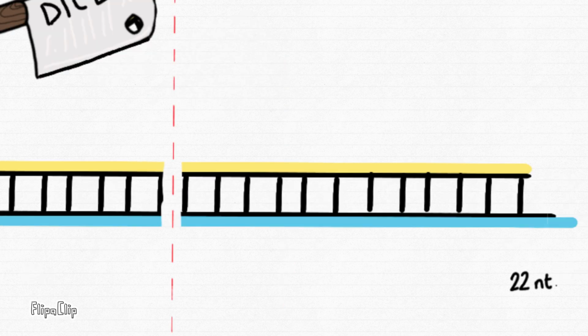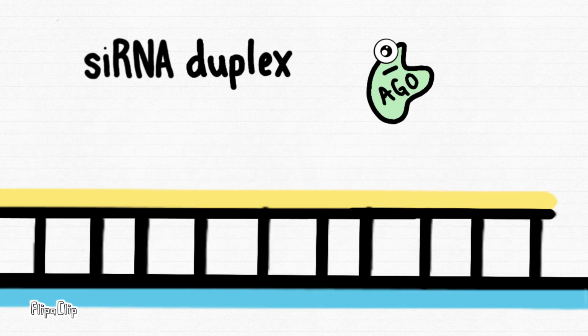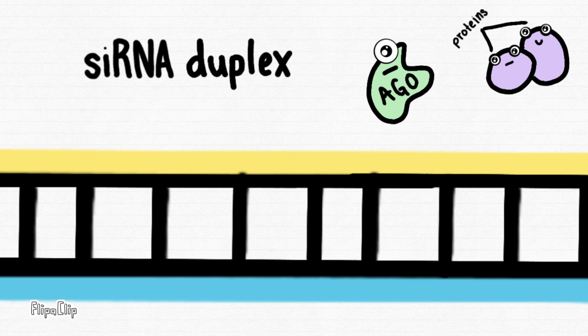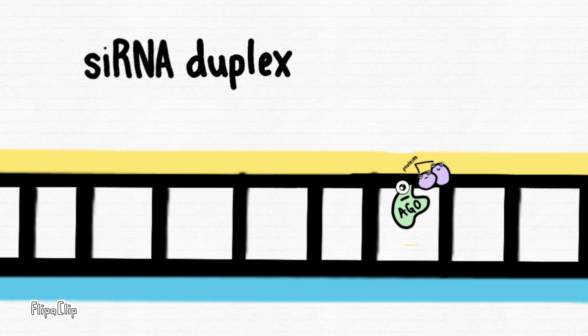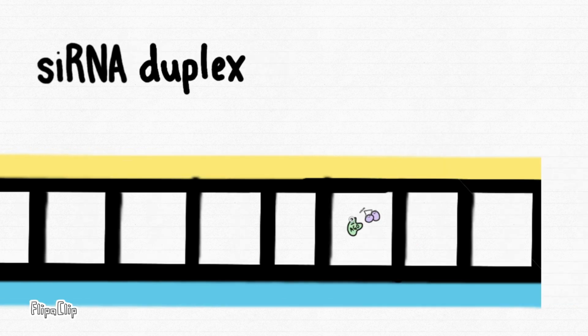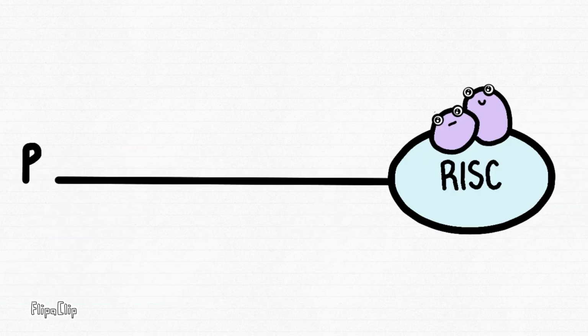According to Christine Ender and Gunter Meister from the Journal of Cell Science, the strand takes argonaute, or AGO for short, which are highly specialized small RNA binding proteins. The RNA guides the AGO proteins and combines them with other proteins that combine with the siRNA duplex to form the RNA-induced silencing complex, also known as RISC.